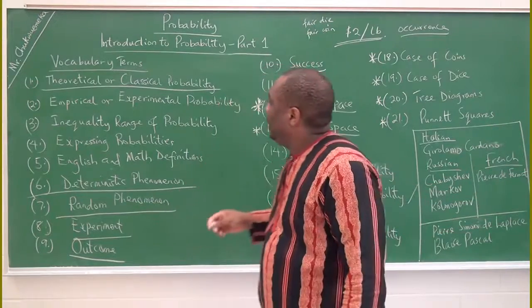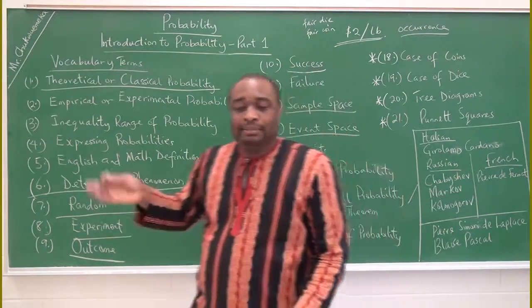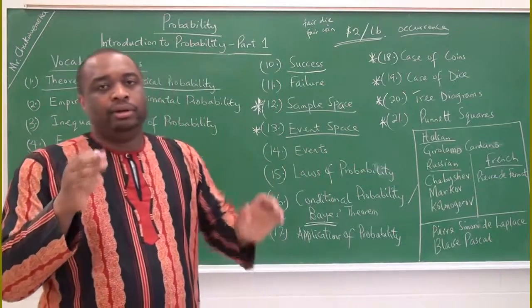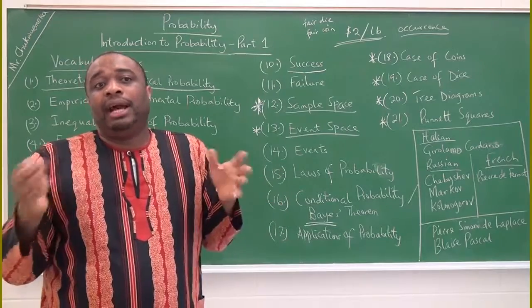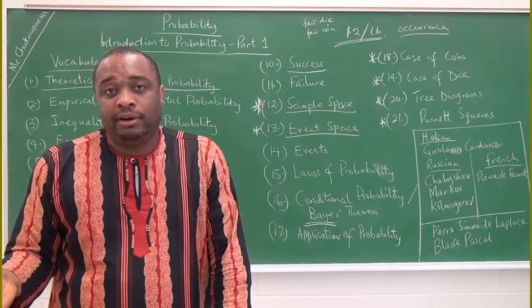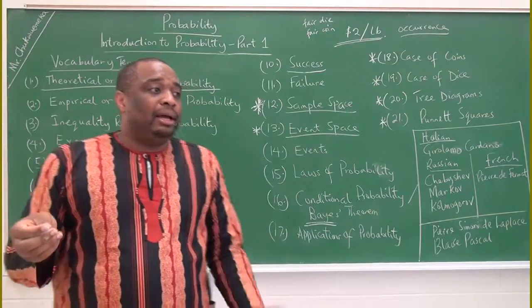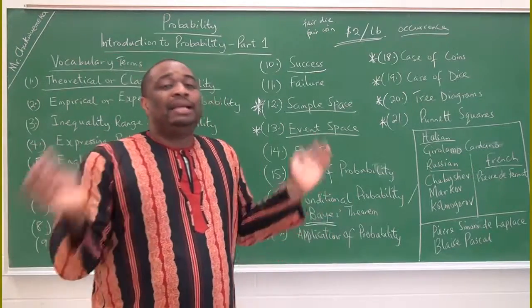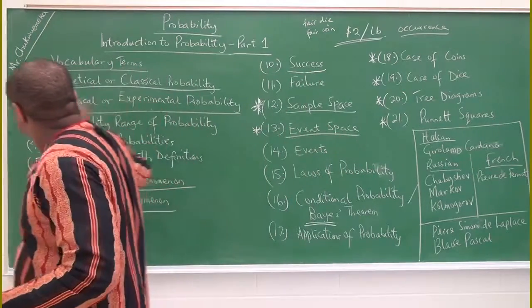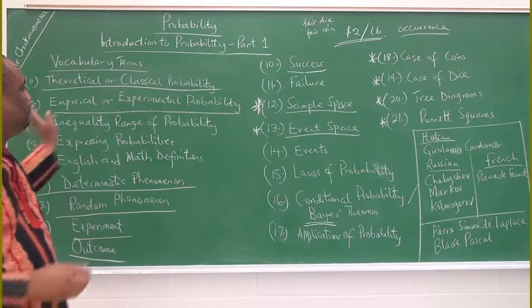Now, sometimes all the outcomes of the event might not have equal probability of occurring. In that case, you will need an experiment. That is experimental probability.